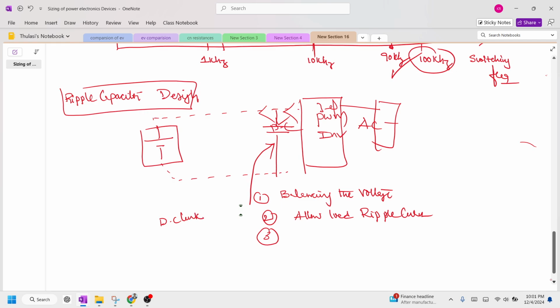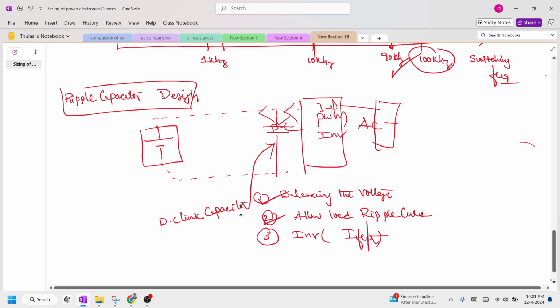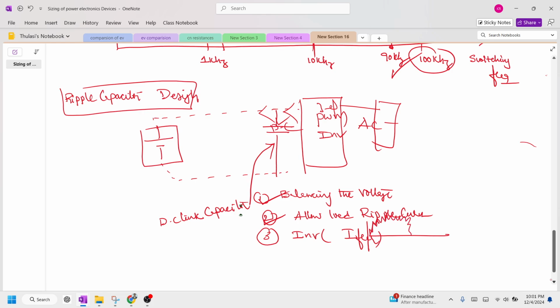This DC link capacitor is generally connected in parallel, and it has to perform balancing of voltage, and it should allow the load ripples, and it is a source of high frequency current generation. The inverter has to generate high frequency current to generate this sinusoidal waveform. You have multiple ripples, so you can see here this is a modified square wave.